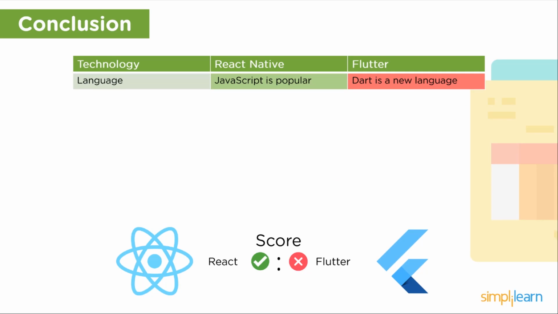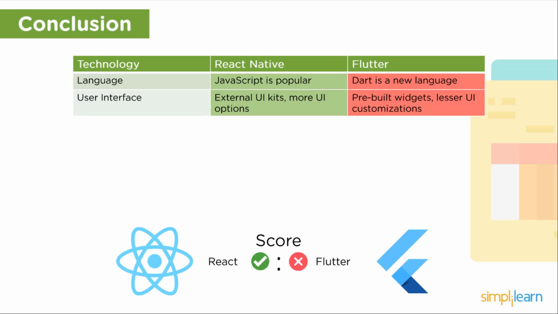From a conclusion perspective, if we were to conclude on what we've discussed from a language perspective, obviously we said React is much more popular since it is a natural progression for developers to work on JavaScript and then move to this, as compared to Dart, which is relatively a new language.